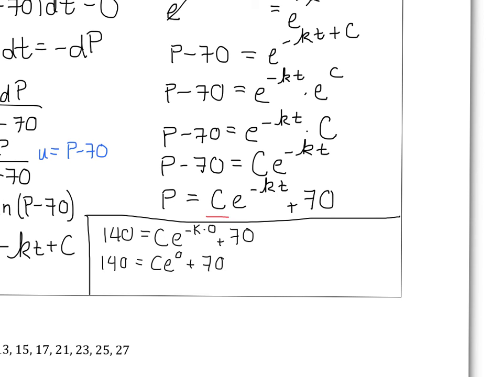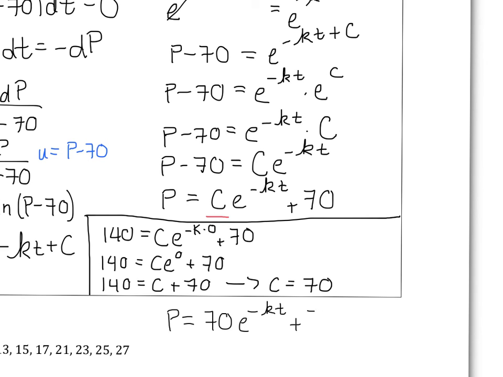So currently we are at 140 equals c plus 70. And so then we see that c is just equal to 70. So that would make our particular solution to the differential equation, I'm going to have to come down here to write it, p equals 70 e to the negative kt plus 70.